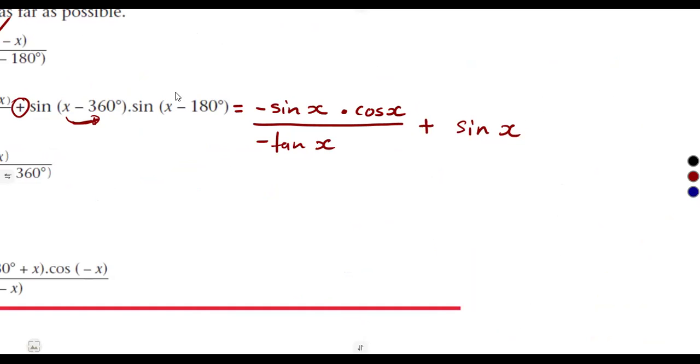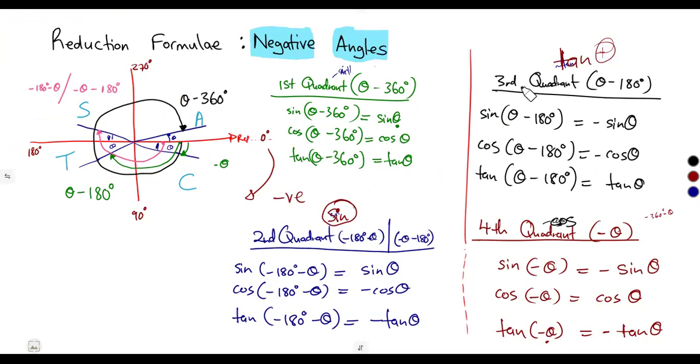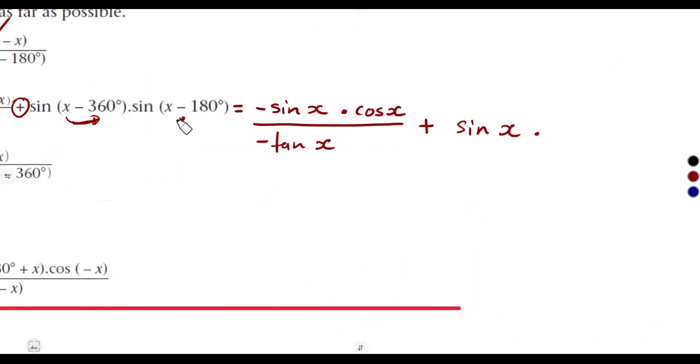There we have got sine of x minus 180 degrees. A negative angle again. X minus 180. We talked about this before, guys. Theta minus 180. This is what? Third quadrant for tan. This is only for tan. What are we given? A sine. So a sine will give us what? A negative. Just like that.